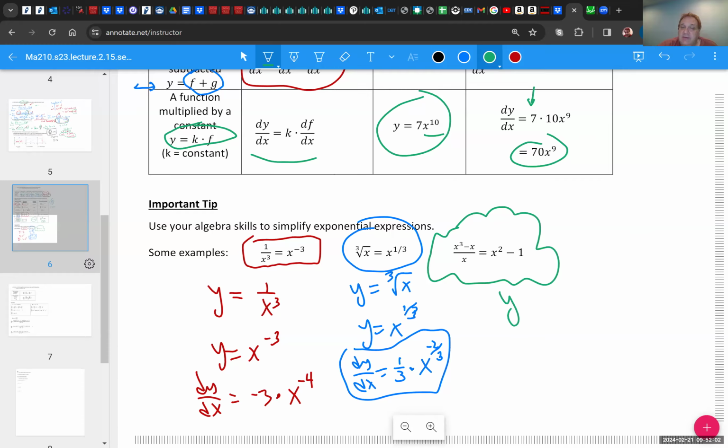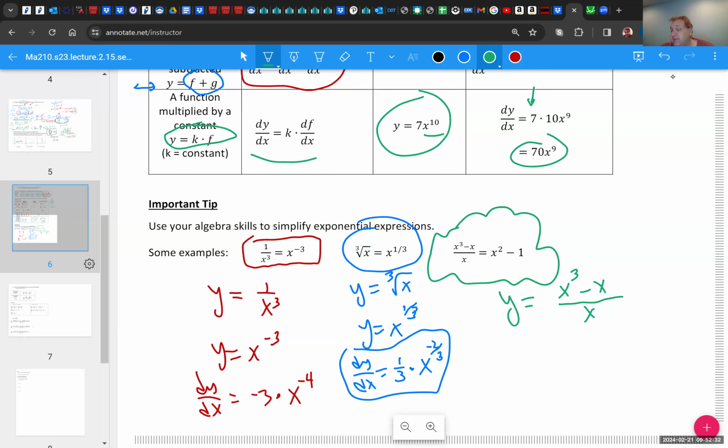If I'm asked to find the derivative of this function, there's no formula that we have right now that can possibly give the derivative of a fraction of two things. These are two things being divided by each other. There are some other, more complicated formulas that may be useful here, but for section 3.1, we really want to emphasize use your algebra.